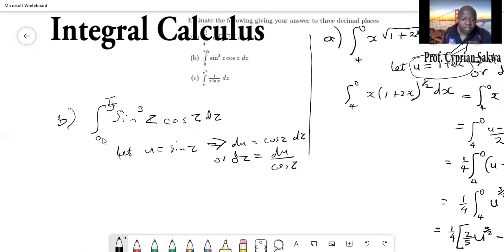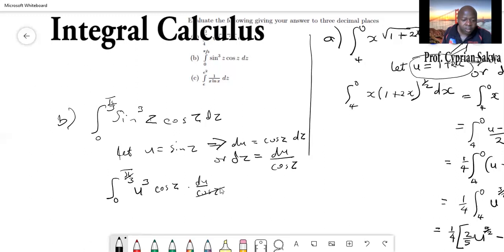So we substitute this in our integral there. Let's do that. So we'd have the integral from 0 to pi over 3 of sine raised to 3, but our sine was u, so we're talking of u raised to 3, cos z, but dz is du over cos z.